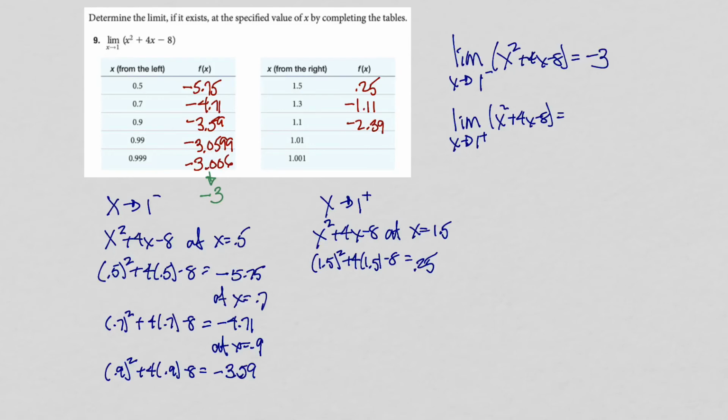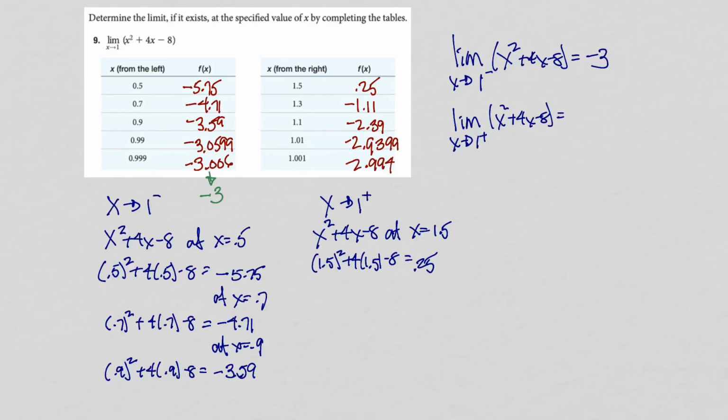At 1.01, I got negative 2.9399. And finally, when I put in 1.001, 1.001 squared plus 4 times 1.001 minus 8, I got negative 2.994.